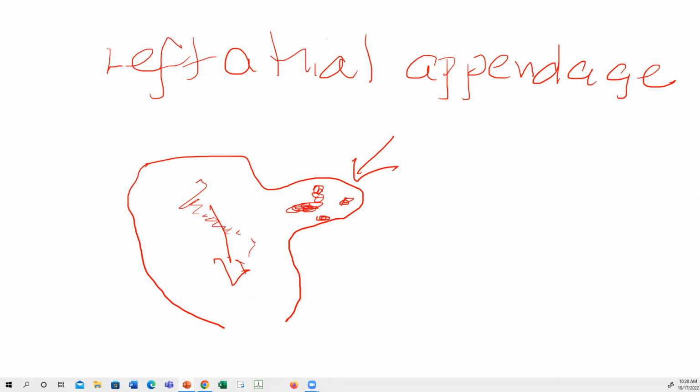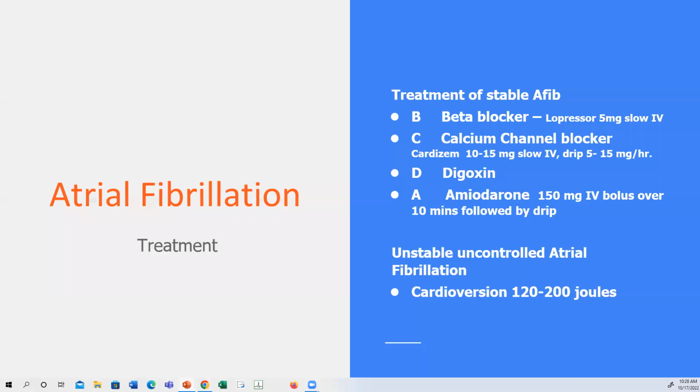And that is the reason why atrial fibrillation is most likely to cause cerebral emboli, because of the presence of this left atrial appendage. Okay? So that is the situation.